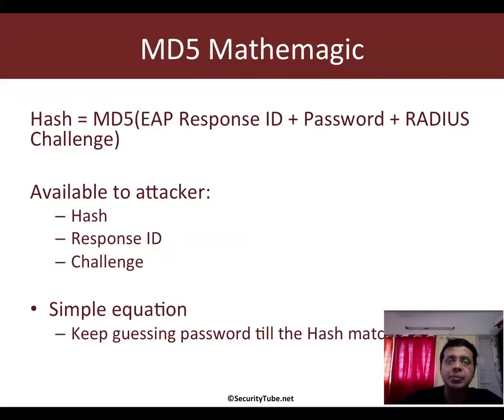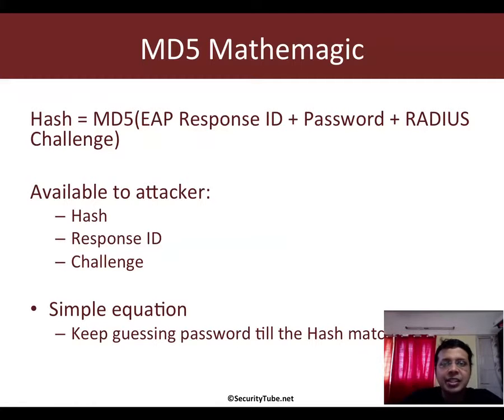So what is the math behind MD5 cracking? Well, very simply, the hash is nothing but an MD5 of the EAP response ID, which is a little number in your EAP packet, along with the shared password known both by the Radius server and the user.